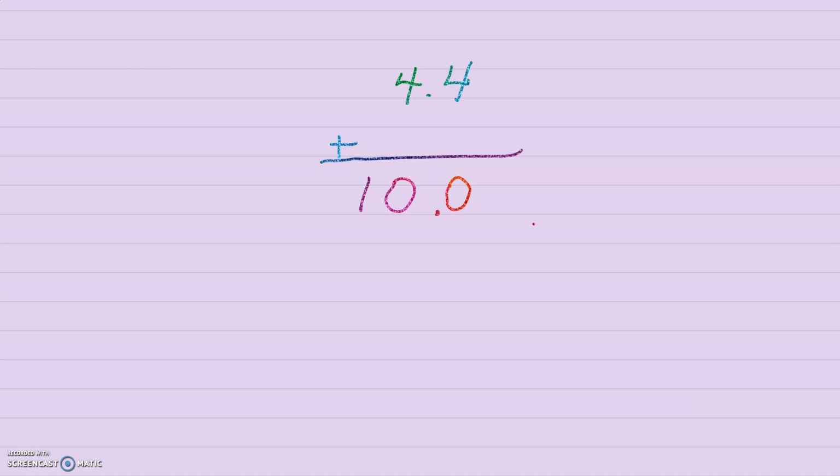So let's start in our tenths place, which is the digit we have farthest to the right. So 4 plus what number would give us a number that ends in 0? So we should know that 4 plus 6 gives us 10. So let's try 6 right here.